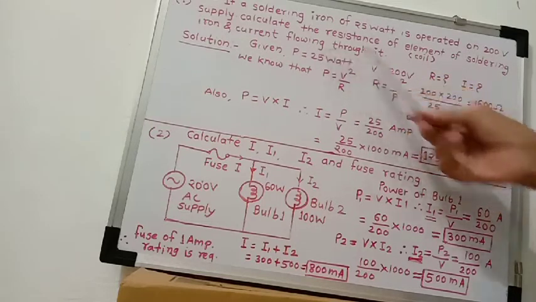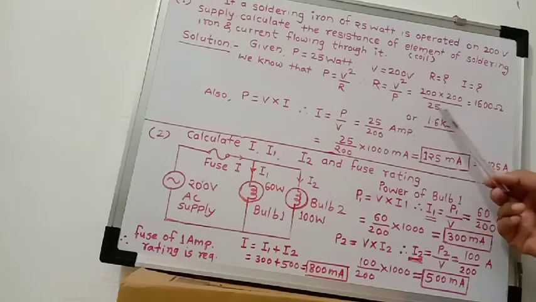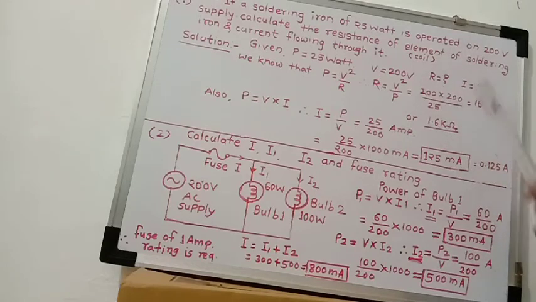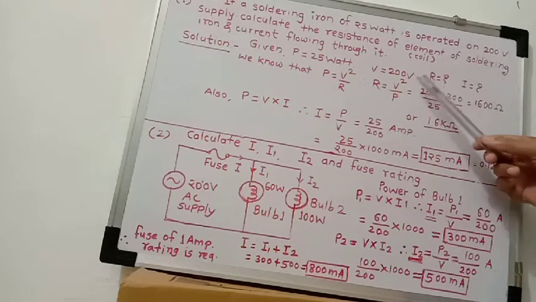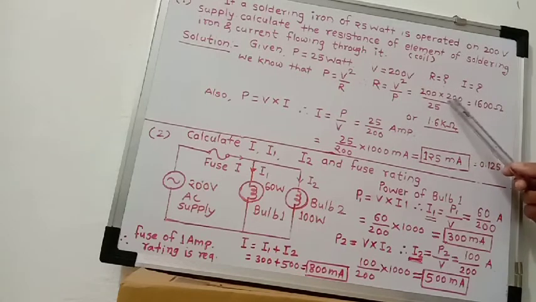P is 25. 25 eights are 200, so that is 8 into 200, that is 1600 ohm.